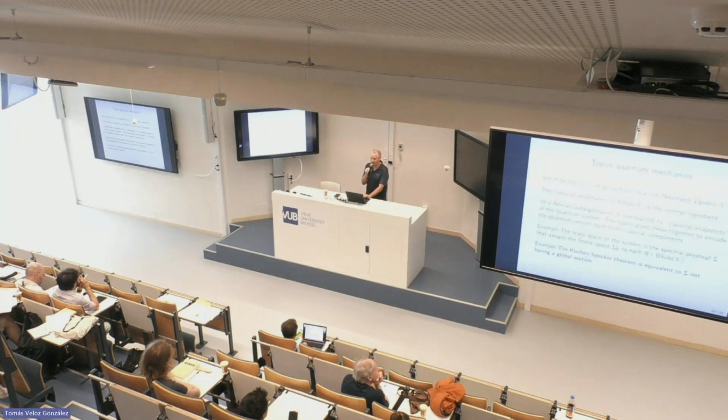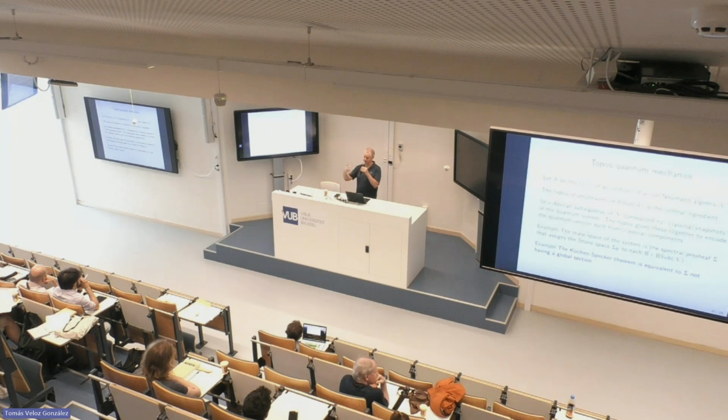So very quickly, if you have a poset, you can get a topos in many ways, but you can look at the topos of presheaves on a poset. And this is the central ingredient of topos quantum mechanics. The idea is that abelian subalgebras of a von Neumann algebra, or in other words, the Boolean subalgebras of its projection lattice, correspond to classical snapshots of a quantum system.